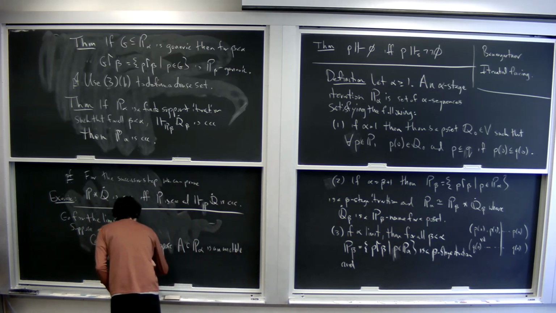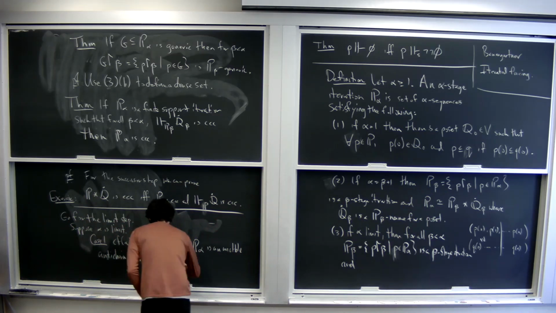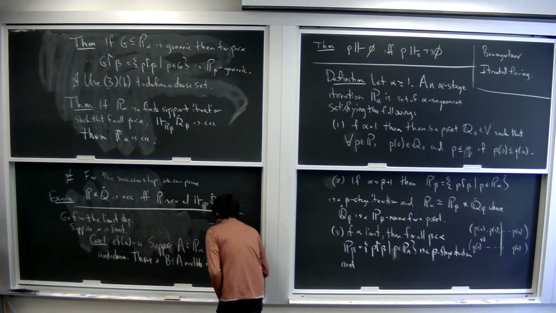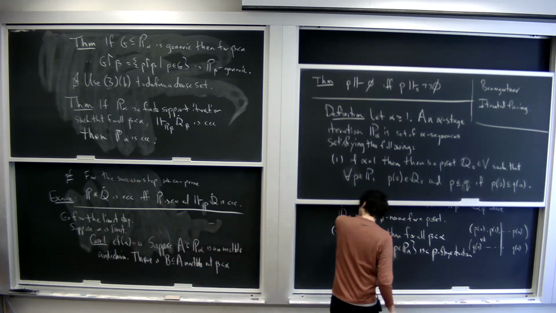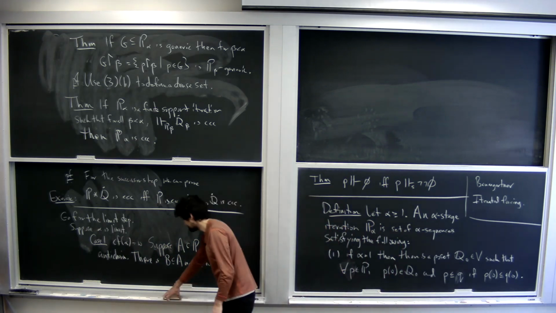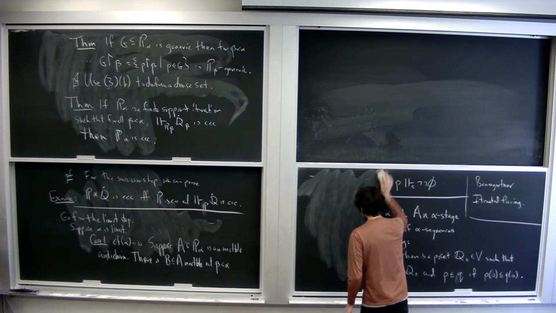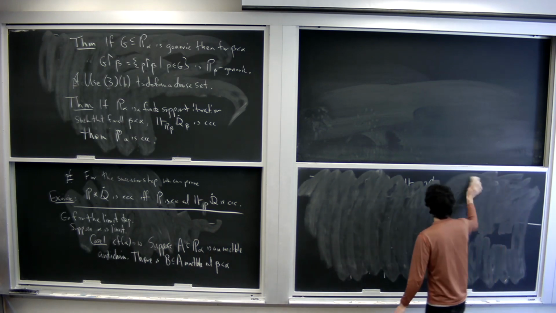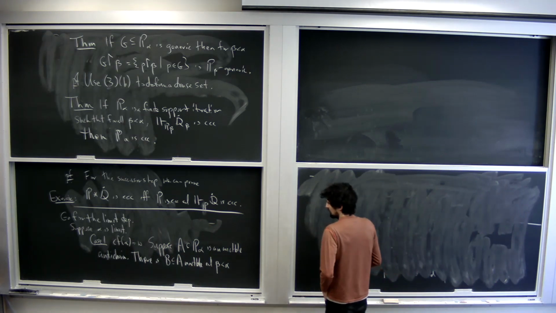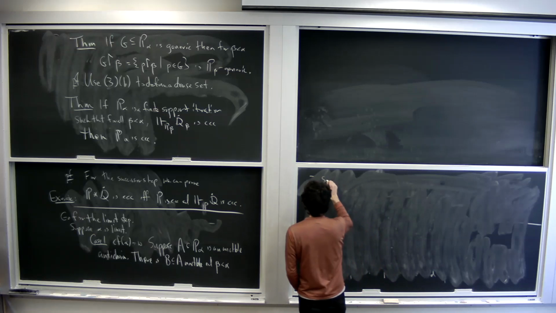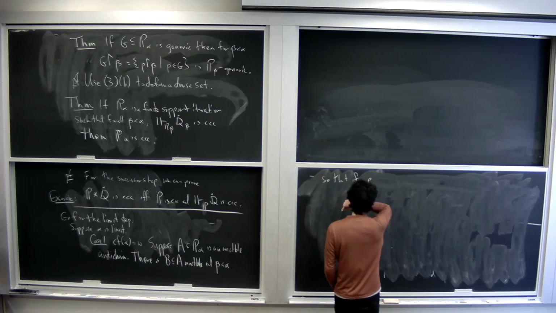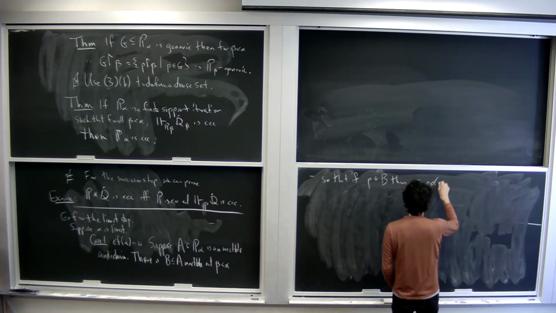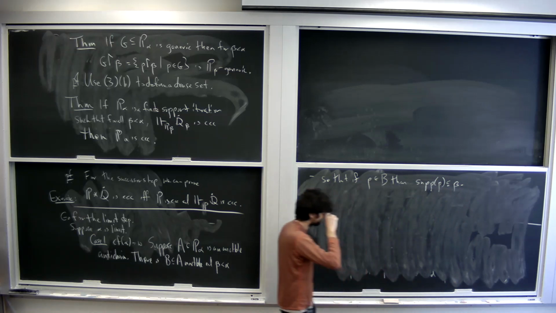Okay, so there is B contained in A uncountable, and beta less than alpha, so that if p is in B, then the support of p is contained in beta.